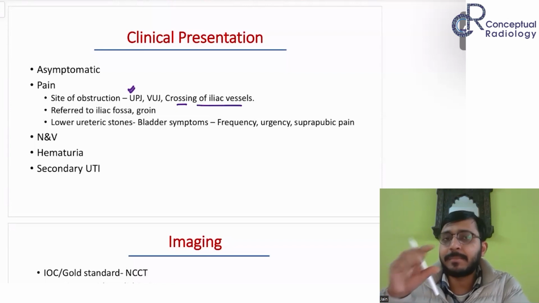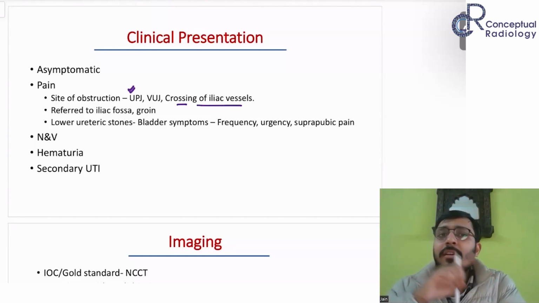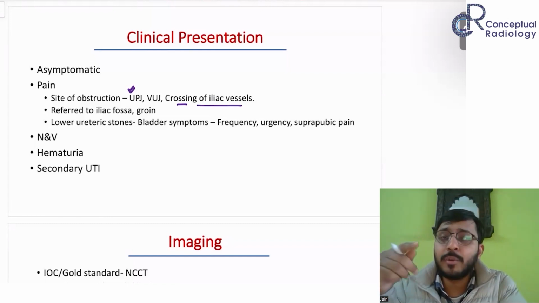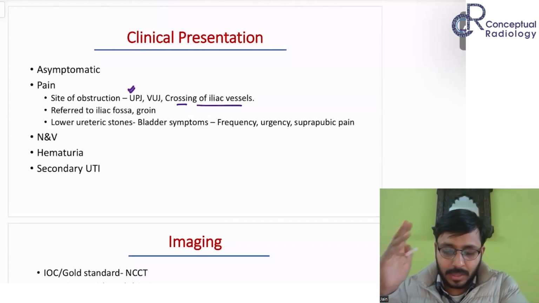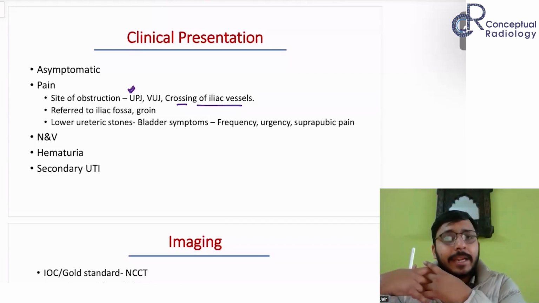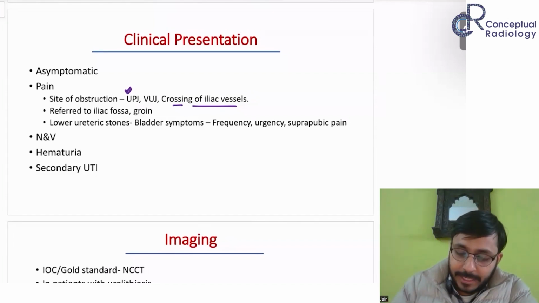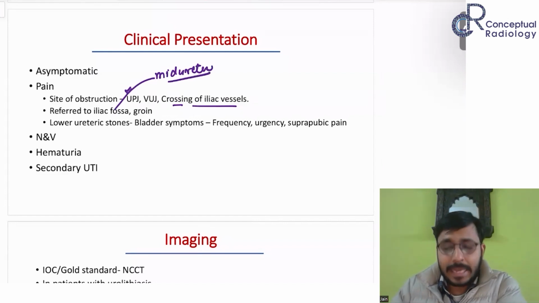Now we discussed this part when we discussed the first class on radiological anatomy and imaging techniques of the urinary system. So all of you who have attended the class would know what I'm talking about, right? Now, depending upon the site of obstruction of this calculi, the referred pain can be in the iliac fossa. So if it is a mid-ureteric stone, the referred pain will be in the iliac fossa.